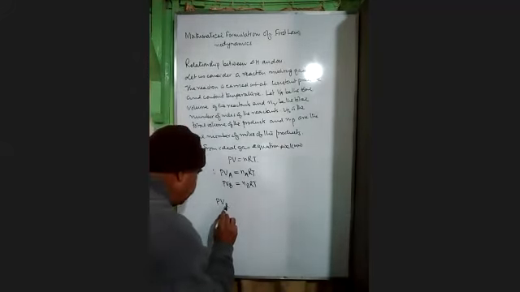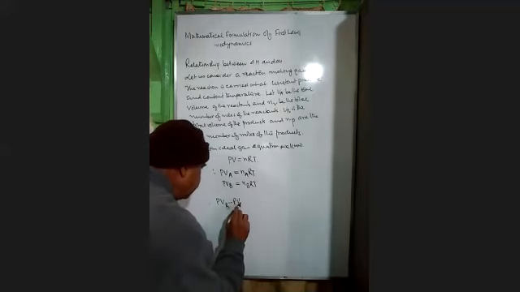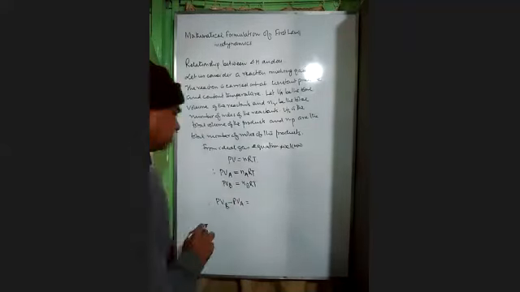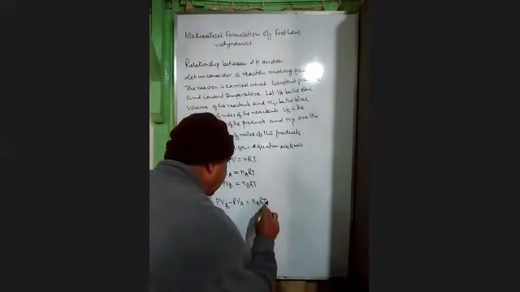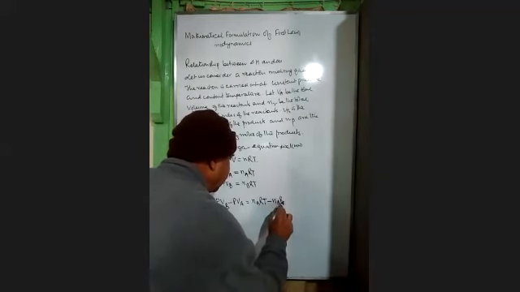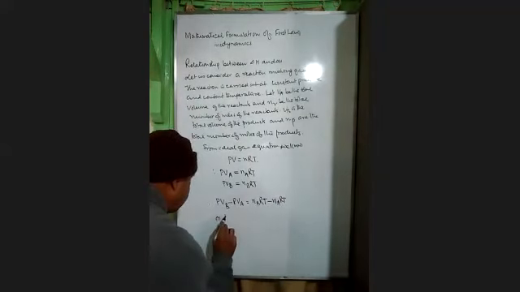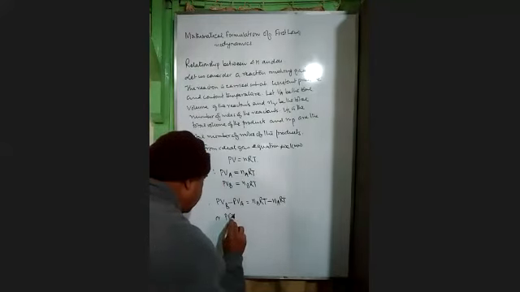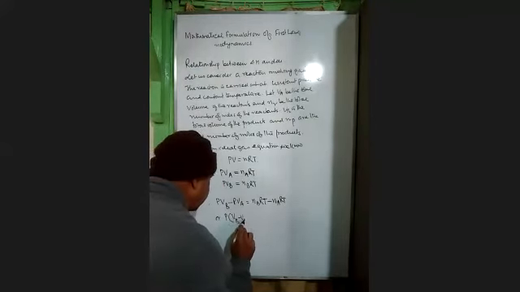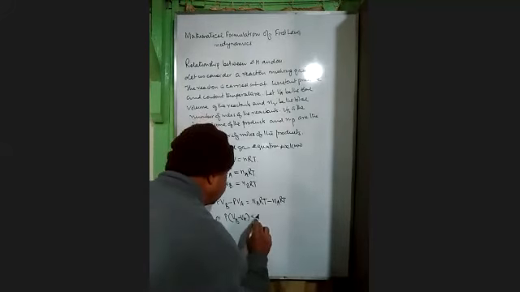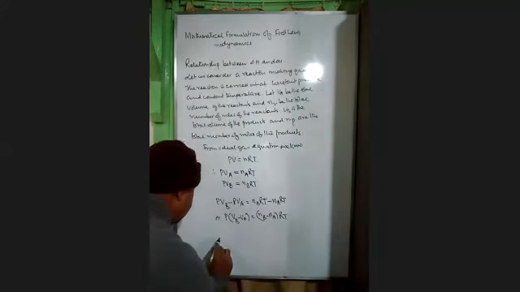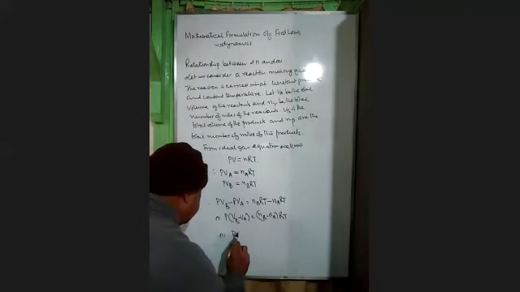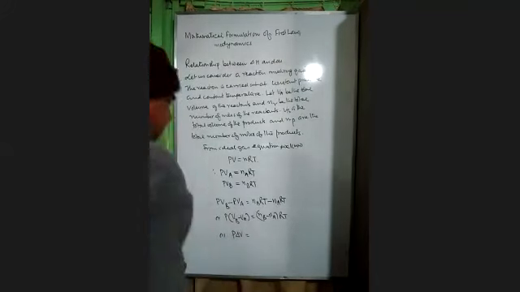So PV_B minus PV_A is equal to n_B RT minus n_A RT. Taking the common factor, P(V_B minus V_A) is equal to (n_B minus n_A)RT, or P delta V is equal to delta n_g RT.